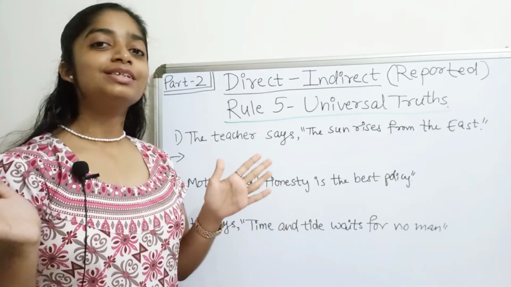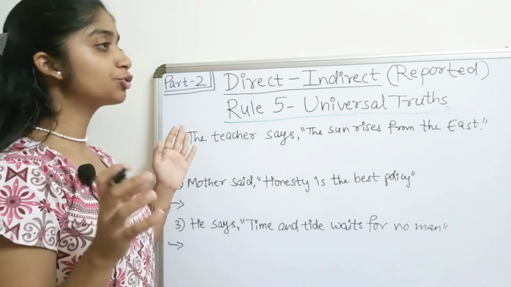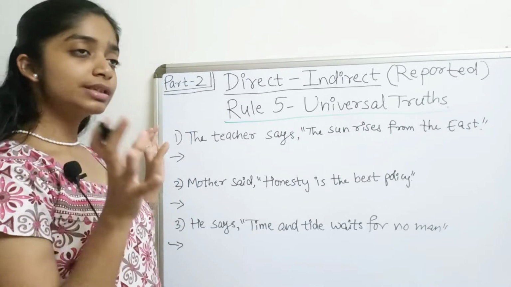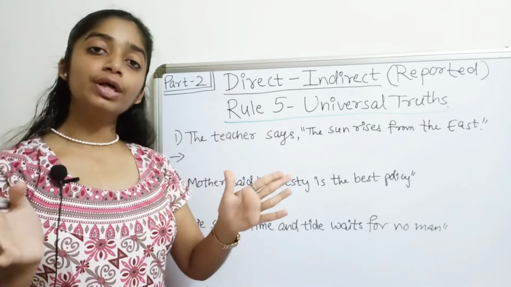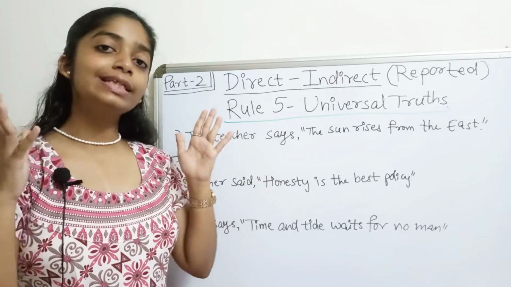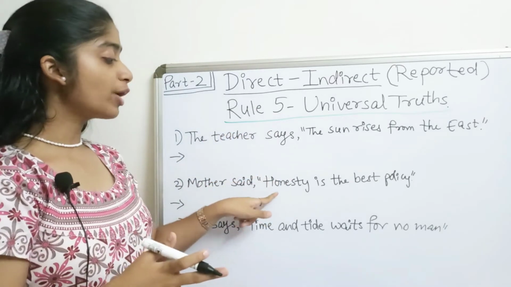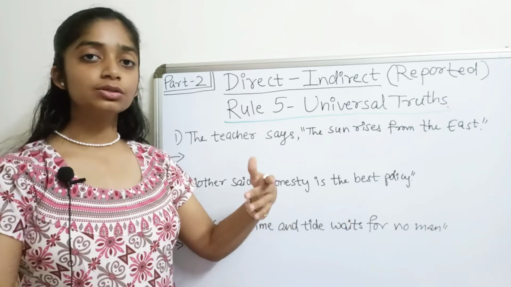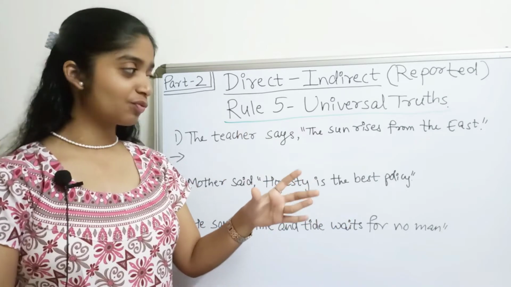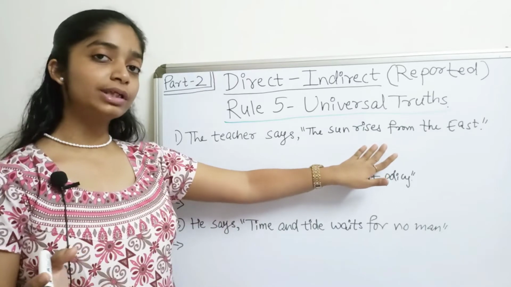Rule number 5 is the rule of universal truths. Such proverbs which always will happen, it will always stay. Honesty is the best policy. This is a proverb, so it is a truth for life. The sun rises from the east.